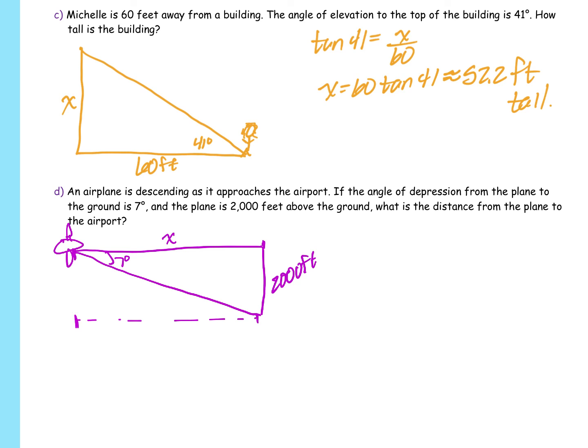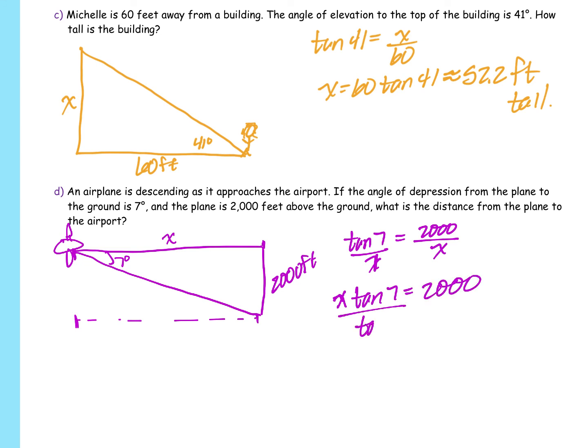So I guess that's tangent again. Tangent of 7 equals 2,000 over x, cross multiply. Oh, I don't know why I put an x there. 1. x times tangent of 7 equals 2,000.